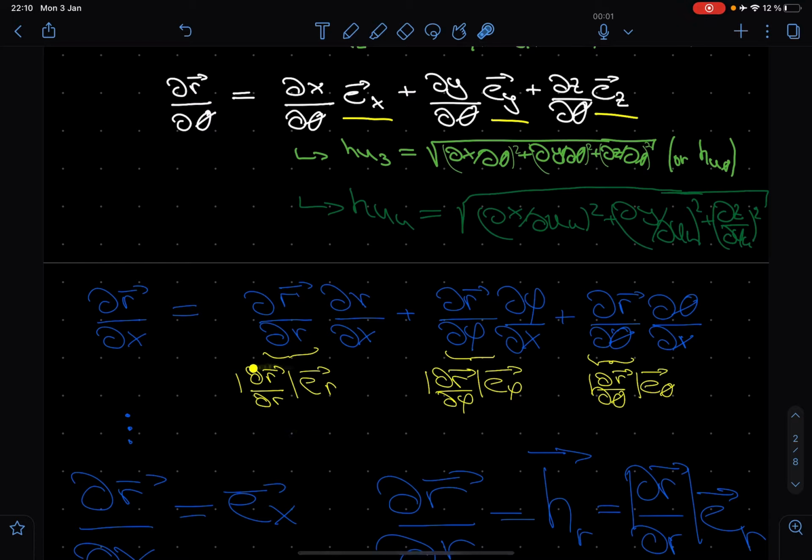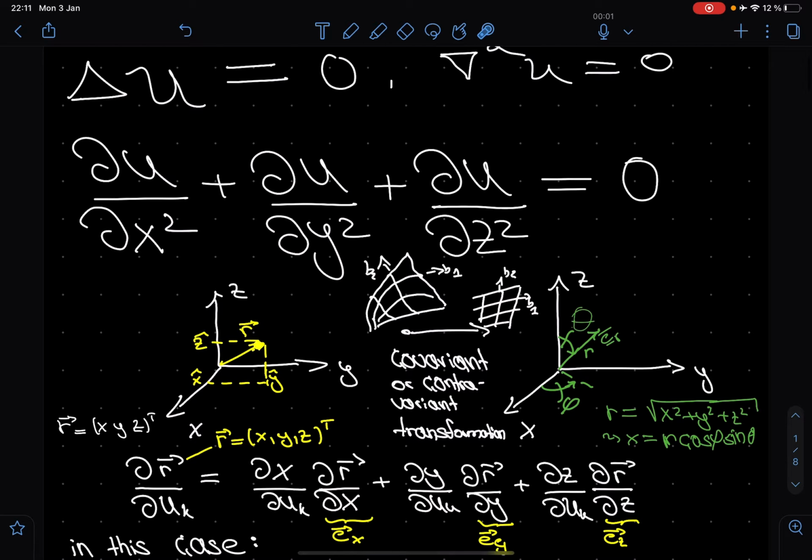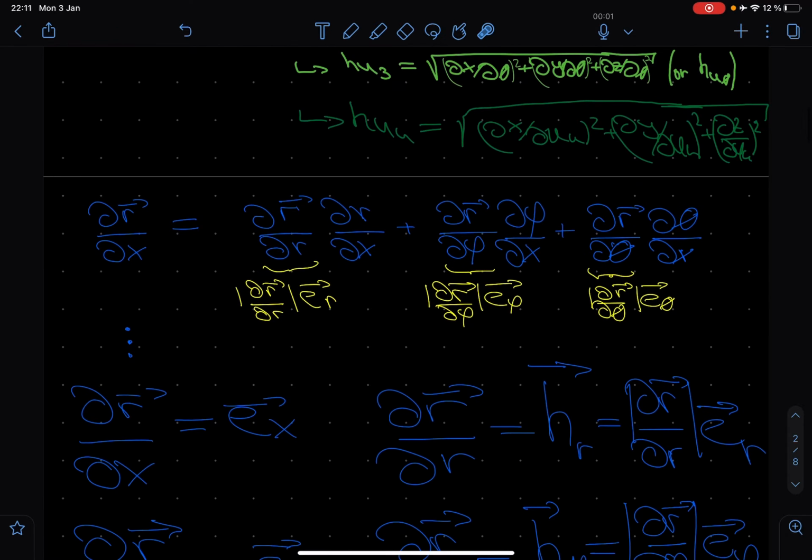So here you can see these will be the new basis vectors, but that's actually a vector derivation, or a derivation with respect to x of a vector r, which is this vector. And if you want to have the derivation of respect of x in the new spherical system, it will be calculated in that way.